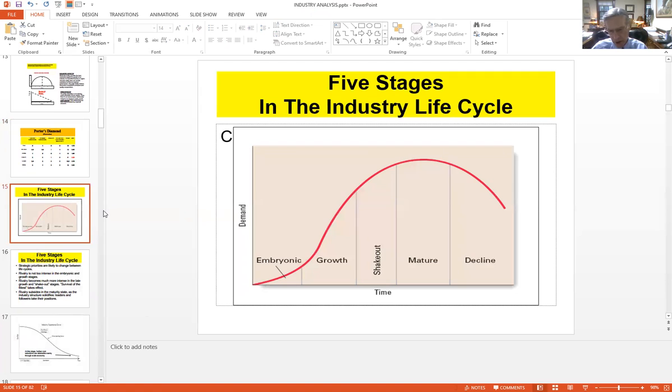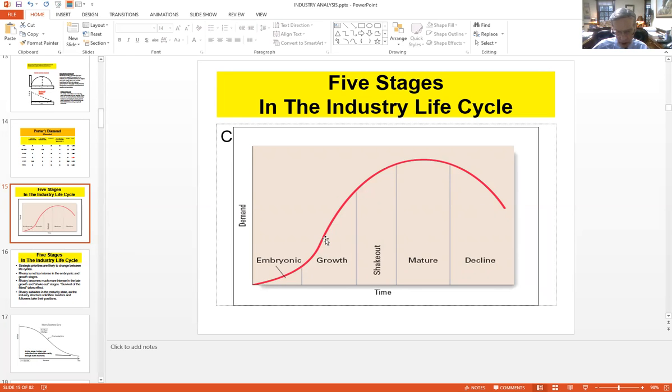Another thing that we like to do in industry analysis is assess the industry's life cycle. So how far along in its lifetime is this industry? And we've got a device for assessing that, and it's the life cycle model. And as you might imagine, the priorities for competition will differ at each stage of the life cycle.